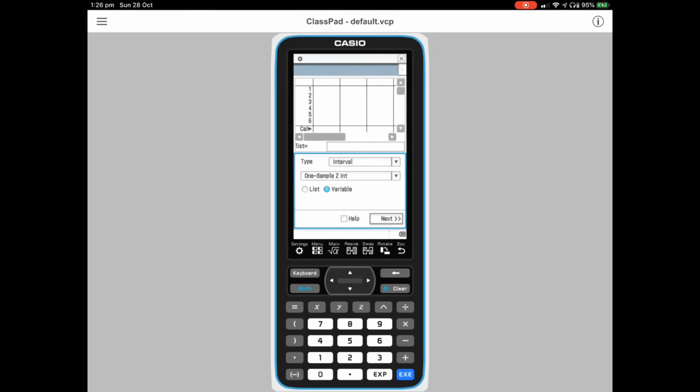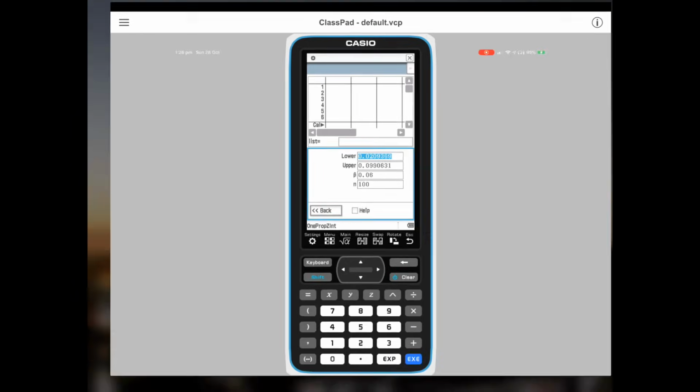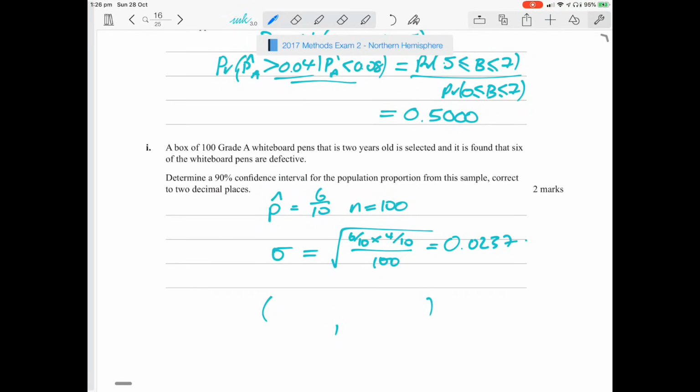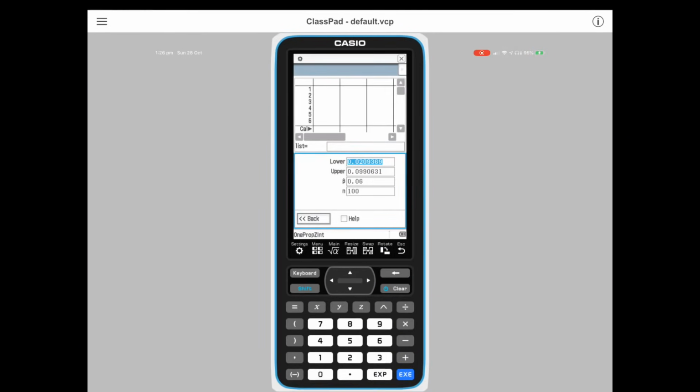We want one prop Z. Confidence level is 0.95. X is 6. N is 100. Okay. 2 decimal places. 0.02 and 0.10.